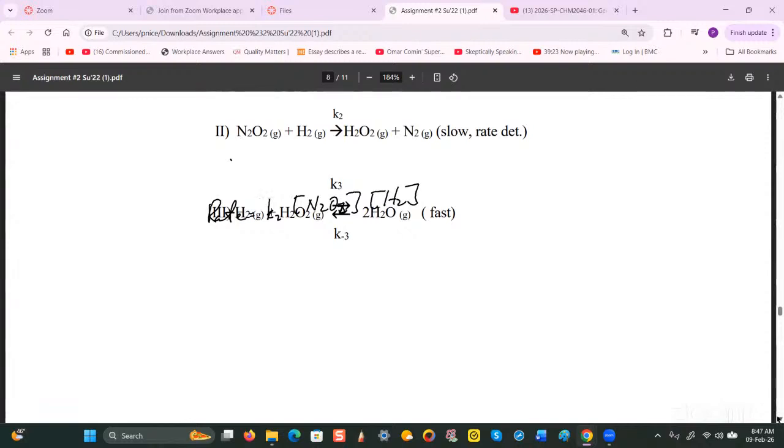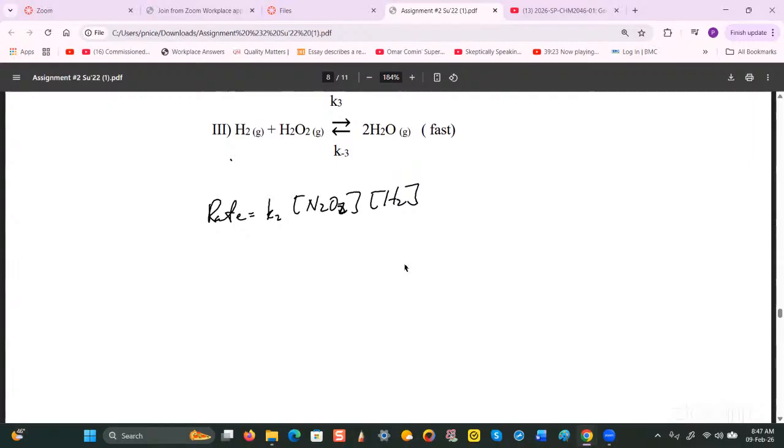In practice, it would be very difficult to determine the concentration of N2O2 experimentally, because as soon as it is produced, it's used up. So it's probably impossible to determine it experimentally.